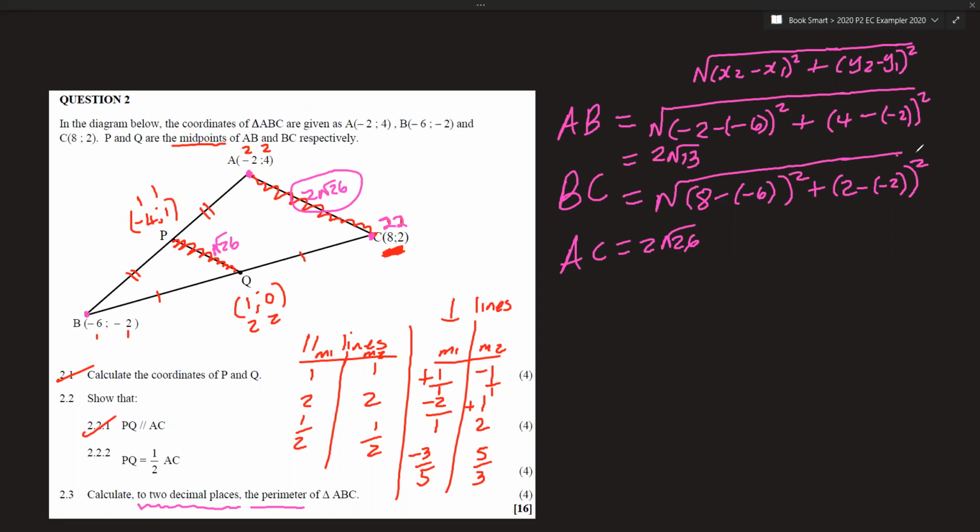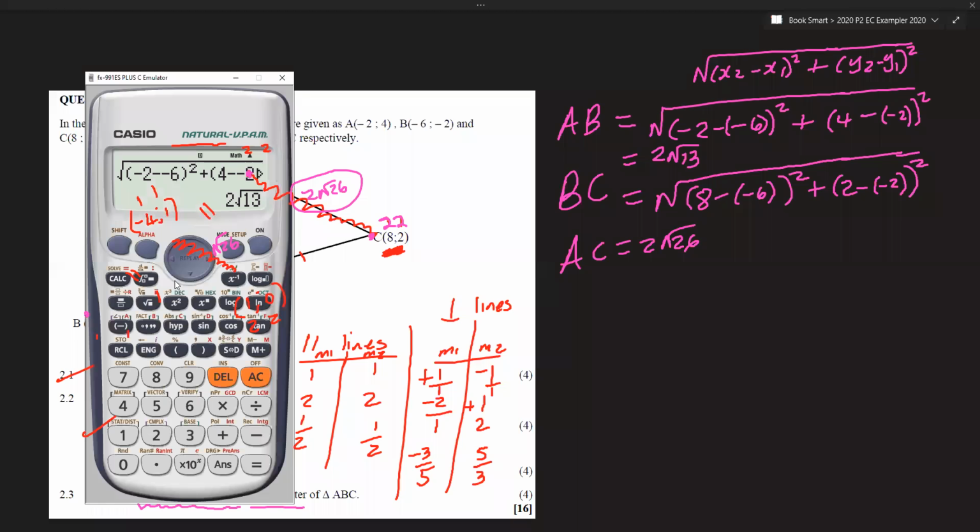Then you square. Then you go to your calculator, get your answer there, right? So let's see. Square root of 8 minus -6 squared plus 2 minus -2 squared. What does that give us? It gives us 2 root 53. Okay.